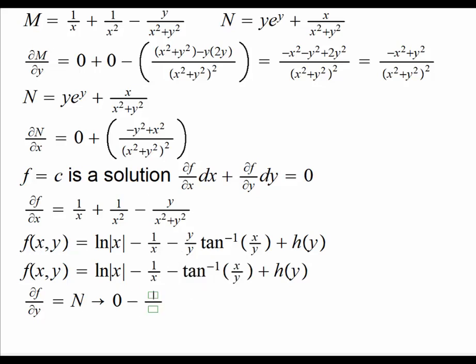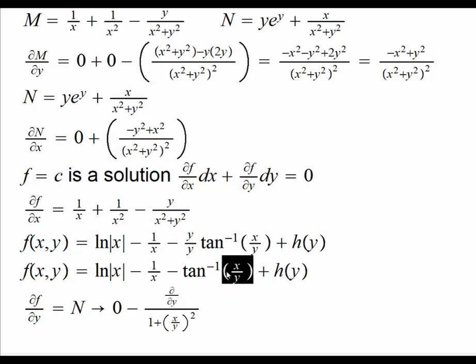So we will go by chain rule. The derivative of tangent inverse of a quantity is going to be 1 over 1 plus the square of the quantity, and then the derivative of the quantity, with respect to y.